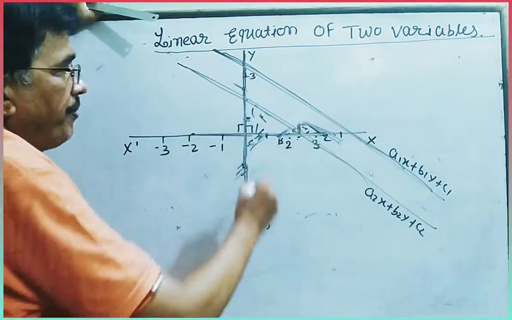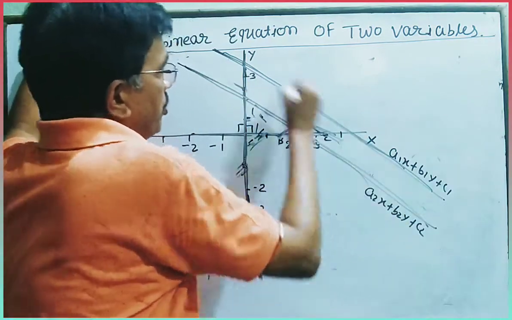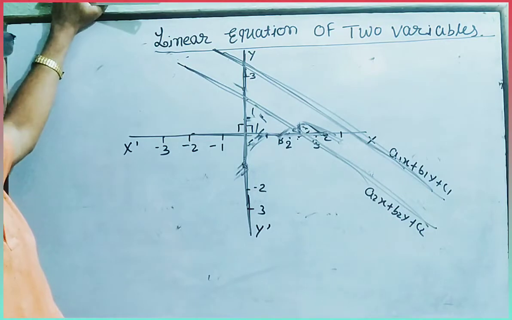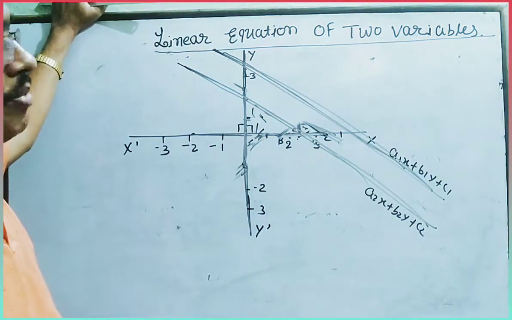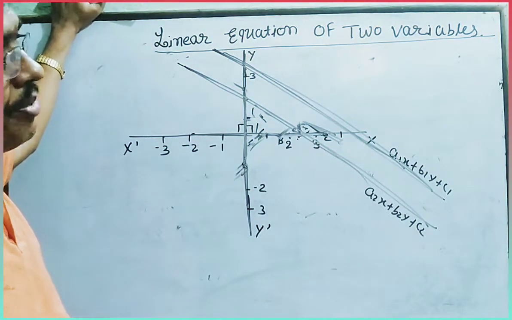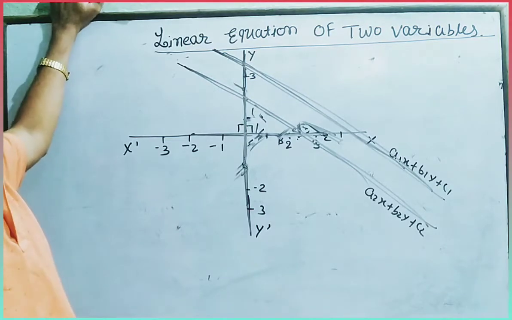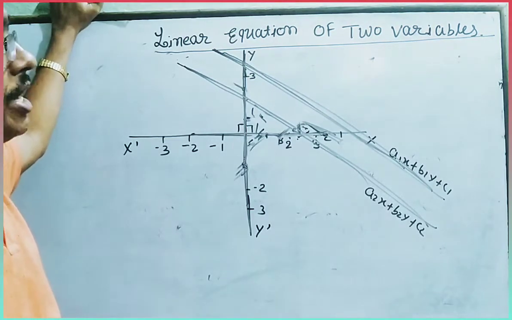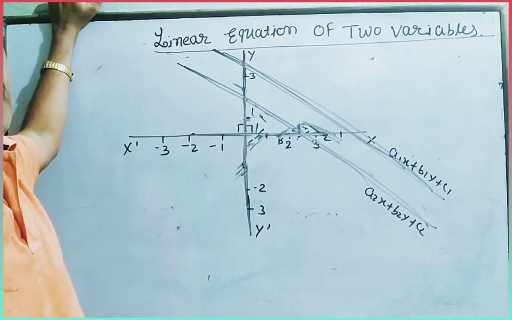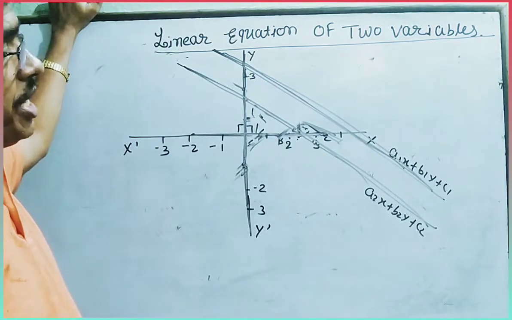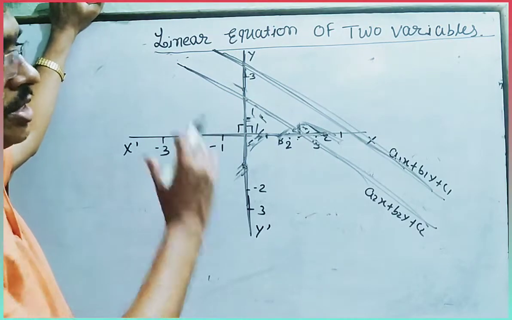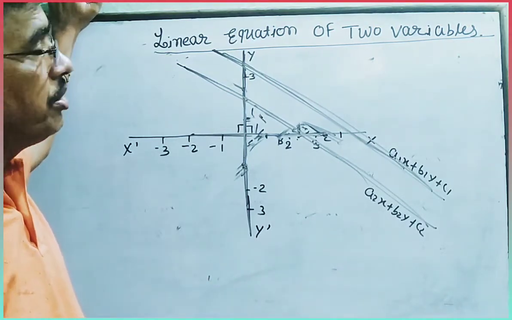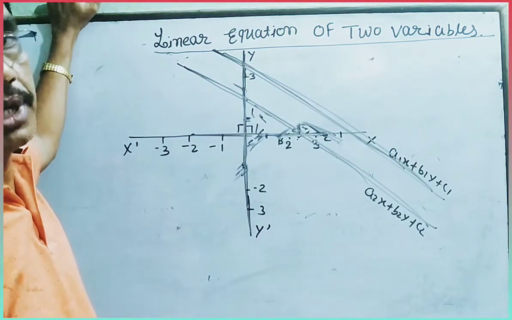When your graph is such that the two lines are different and they cannot intersect each other, those lines will be parallel. And when lines are parallel, then it has no solution. That means it is an inconsistent system of linear equations because it has no single value to satisfy the equation. So it is inconsistent and also it is called no solution.